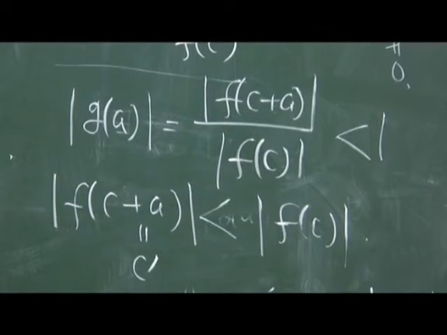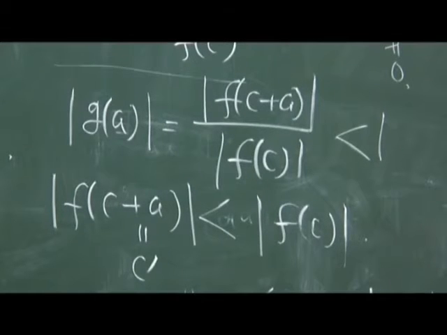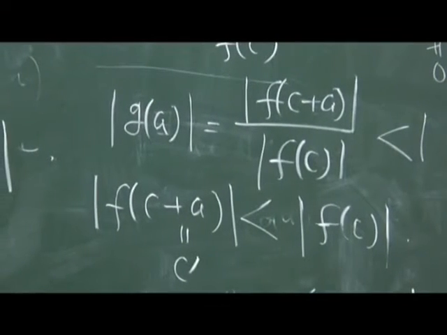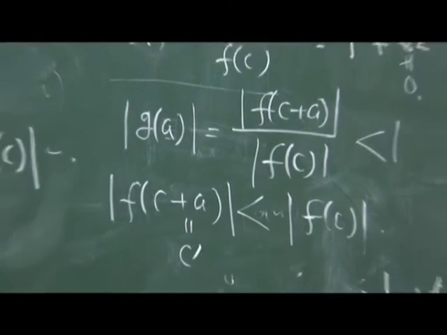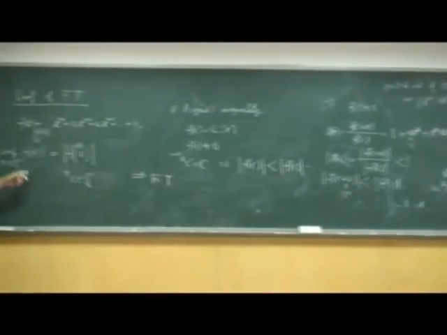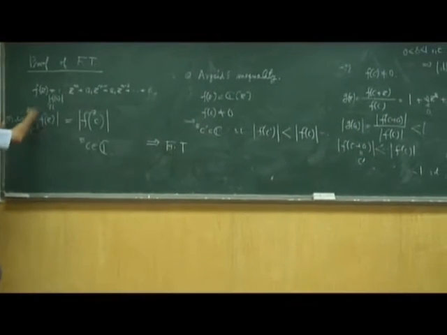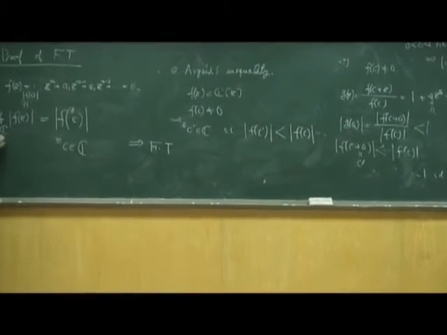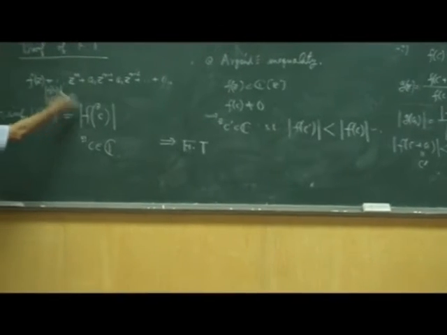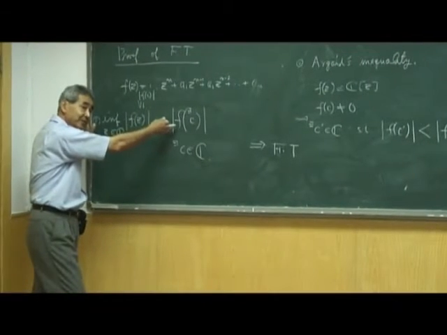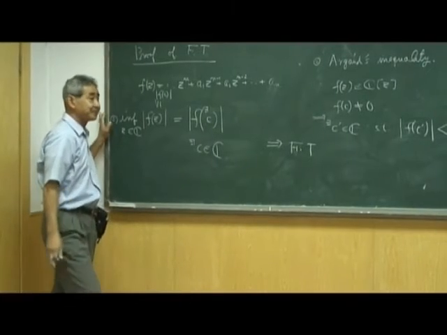Now this implies the fundamental theorem of algebra. Why? We already know that if you consider the infimum of the norm, or in a sense, the absolute value of fz on the complex plane, it has its minimum always at some point. Okay.